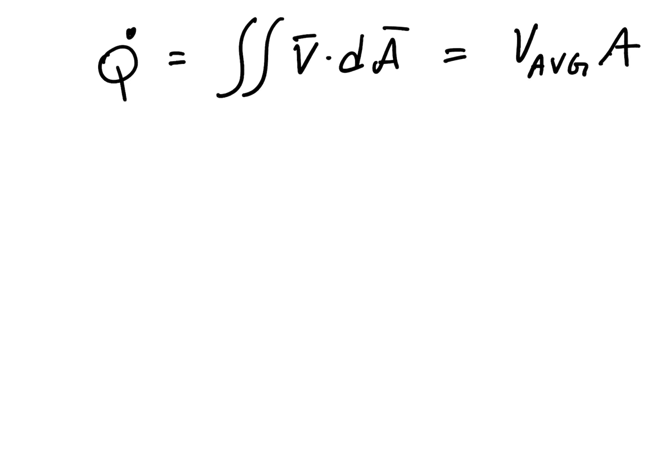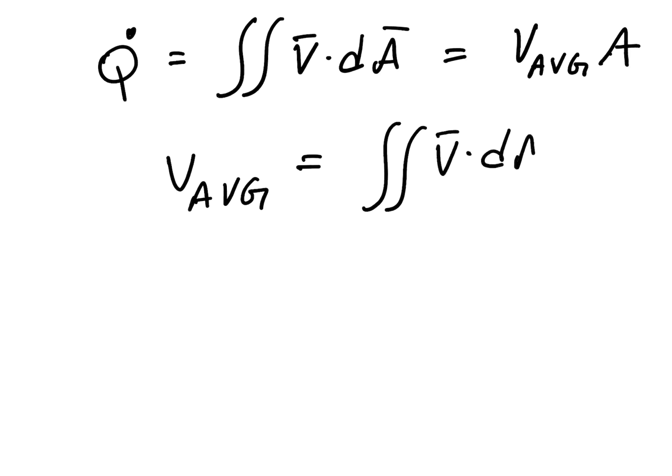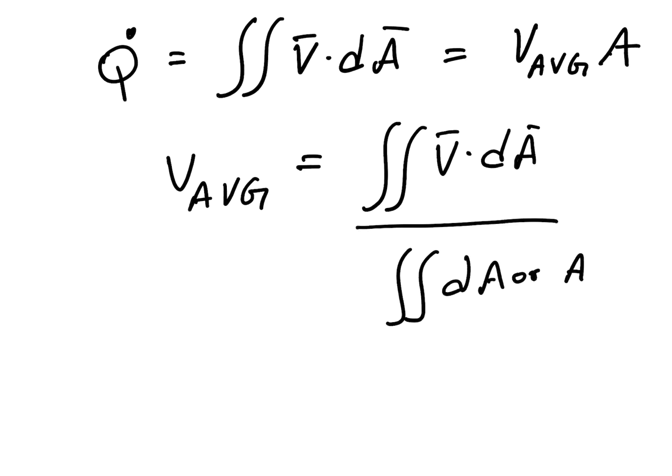So I can define an average velocity as integral v dot dA divided by integral dA, or simply A.